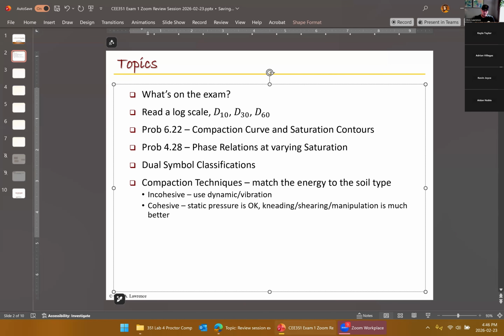So static, dynamic, impact, and kneading shearing. Those are the four types. Okay, and I'll come back to that. Again, we'll talk about that quite a lot more extensively tomorrow. But it all starts with that.